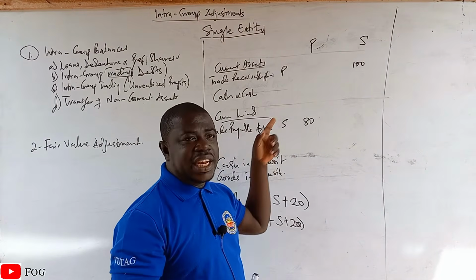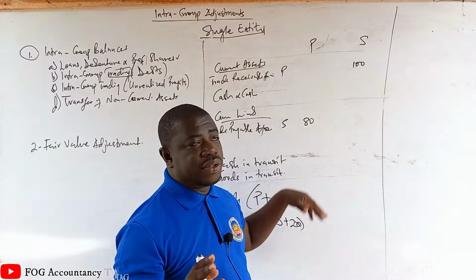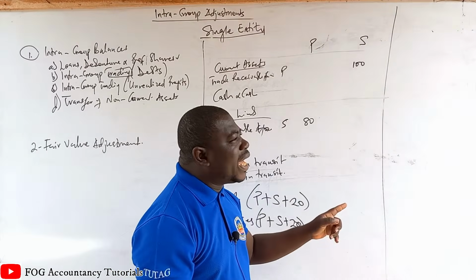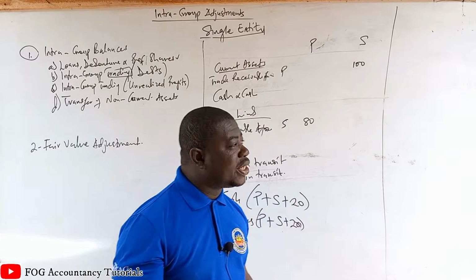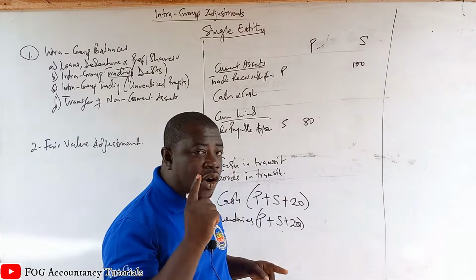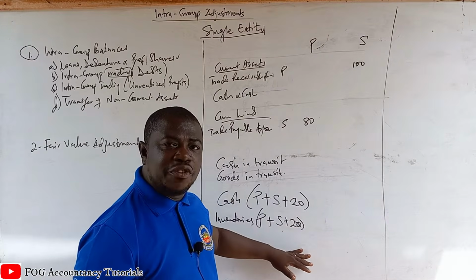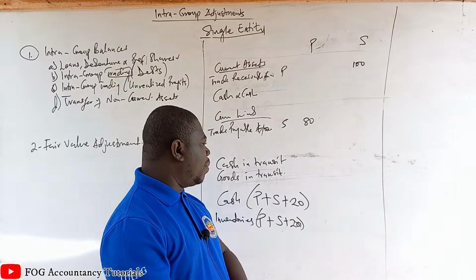Now, if they are in agreement, bingo, it's the simplest you can ever get. You just cancel them off without any goods or cash in transit wahala. But the moment they are not in agreement, then you have to start thinking about either goods in transit or cash in transit. And to be sure, the additional information is going to make that available for you. You should be very mindful of that.